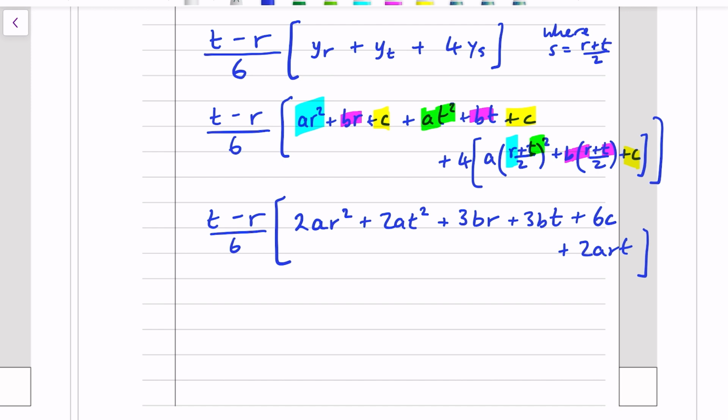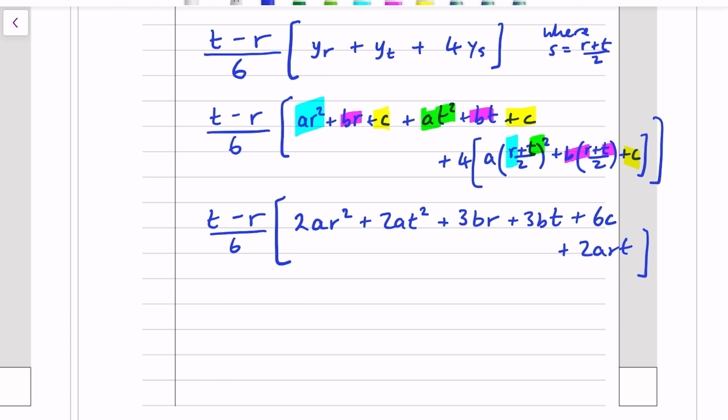Alrighty, now we need to consider the (t minus r) all over 6 thing at the front. We can deal with the over 6 thing because we've got 2 over 6 for some of the terms, 3 over 6 for some of the terms, and 6 over 6.